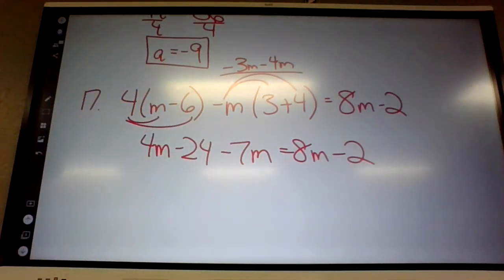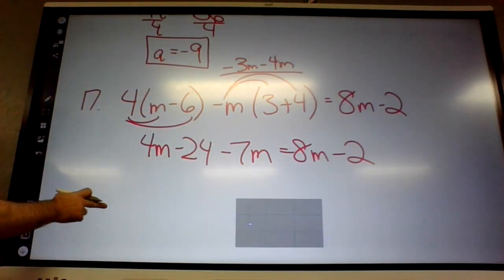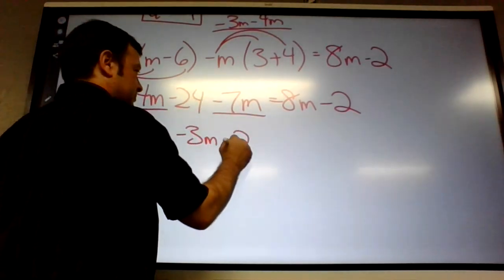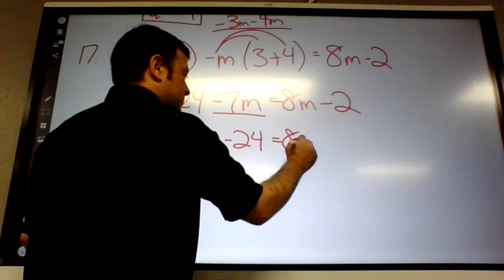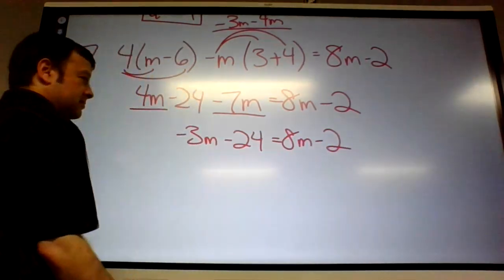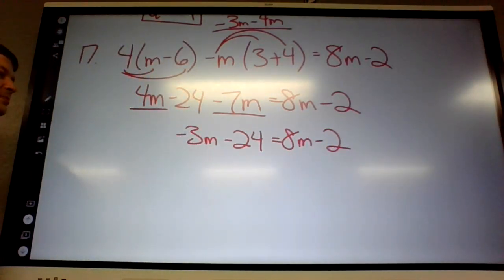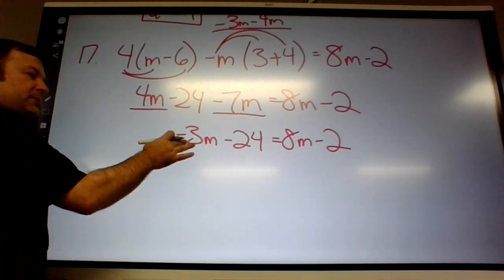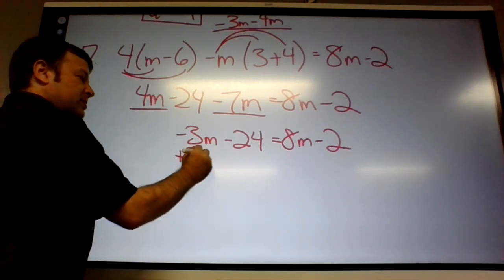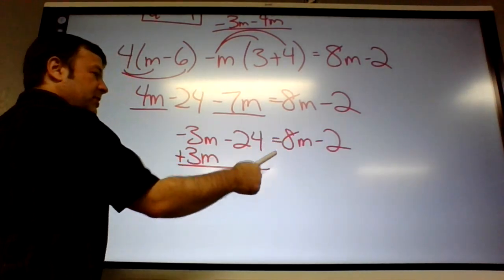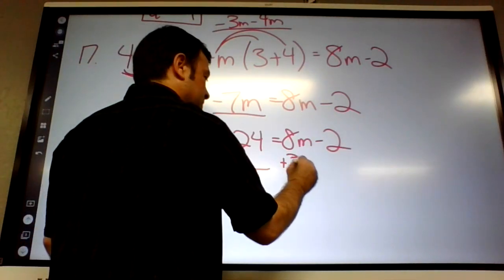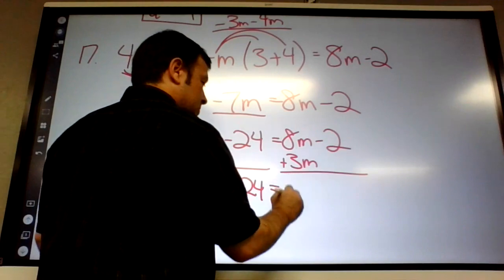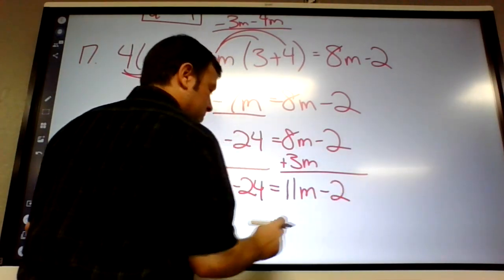All right, Brooke, now what? 4n minus 7n. Then add 3n to 8n. Okay, yeah, we haven't seen this yet. If you have a minus 3m, you could get rid of it by adding 3m to both sides. You could still subtract 8m if you wanted to. Okay?